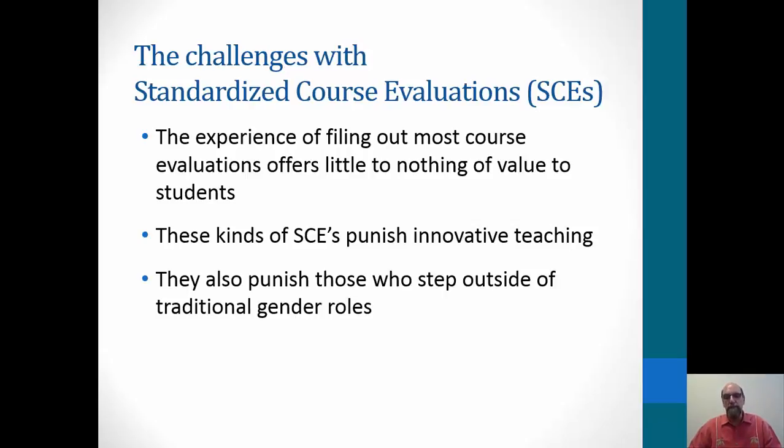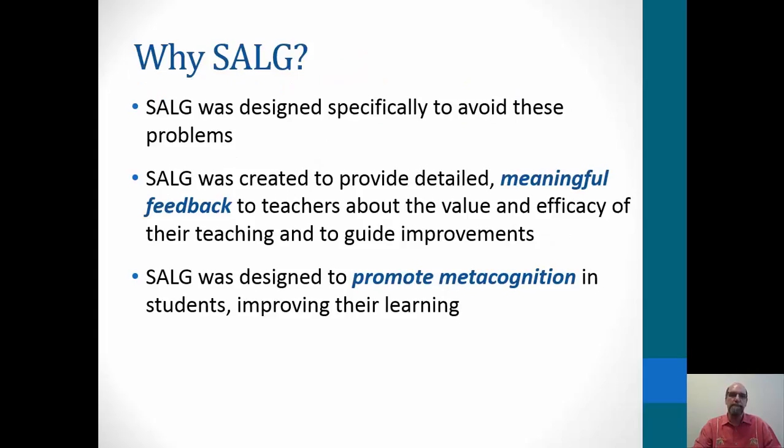For example, if you show up as a male instructor in a nursing course or a female instructor in an engineering course, you already have something going against you from their perspective. And if you innovate in your course in ways that they don't expect, they're going to push back, so they're going to give you a lower course evaluation score.